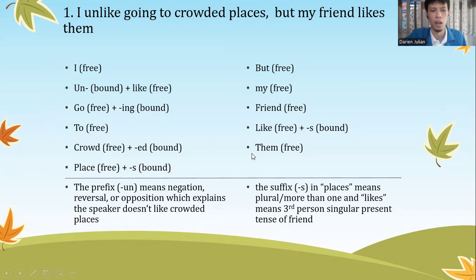The prefix "don't" means negation, reversal, or opposition, which explains the speaker doesn't like crowded places. The suffix s in places means plural or more than one, and likes means third person singular present tense of friend.